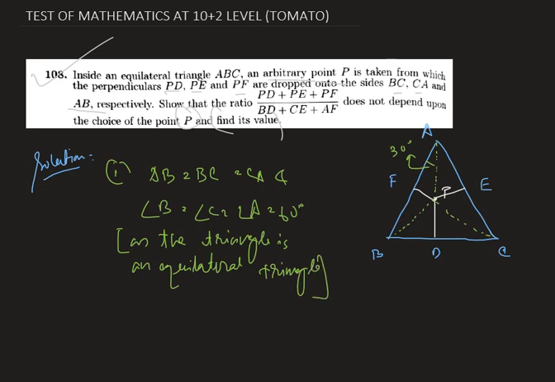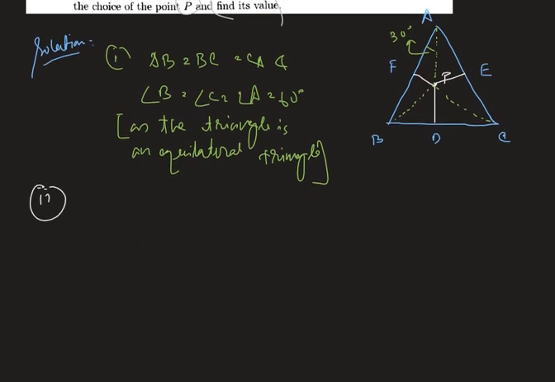Okay, and the next point is, as PD is a perpendicular on BC, PE is a perpendicular on AC, and PF is a perpendicular on AB.